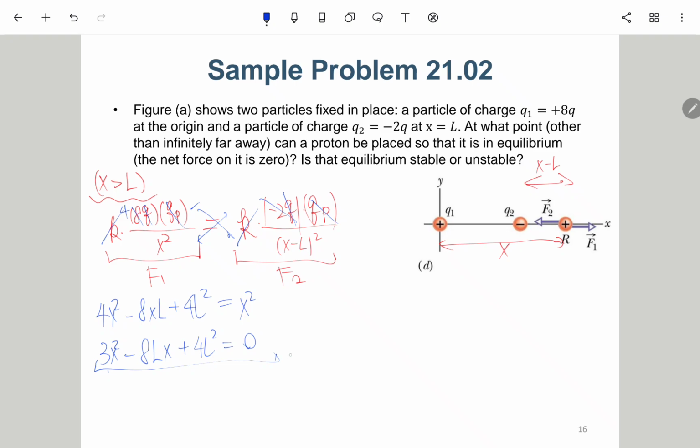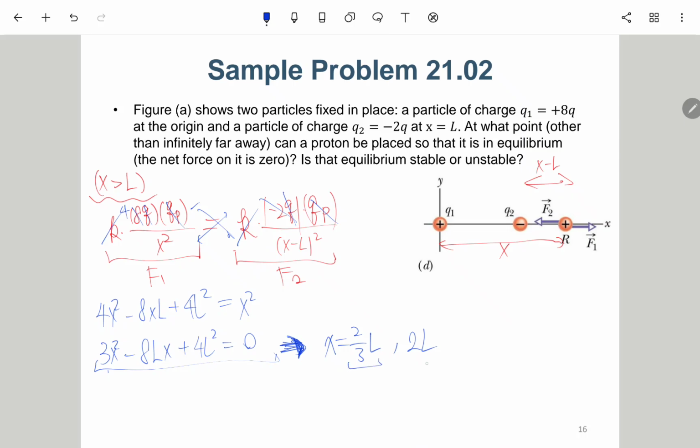We don't go into detail because it is junior school mathematics. So we directly go to the solution: x will be 2/3 L or 2L. For a quadratic equation, you should have two roots.